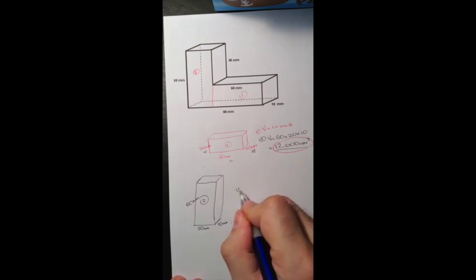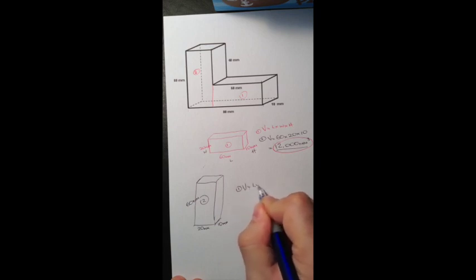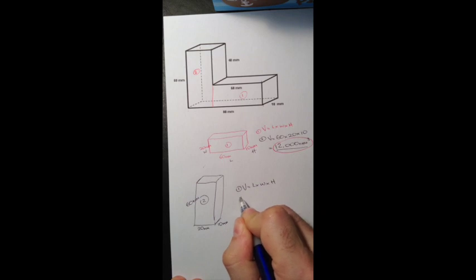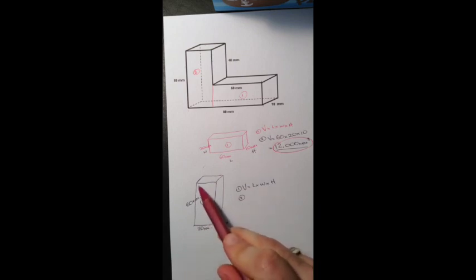Next up, we write our formula down. Length times width times height, okay? Next, we need to work out which of these numbers is our length, which one is our width, and which one's our height. Now again, looking at this shape, the longest side of your rectangle here is going to be your length, so 60 will be our length.